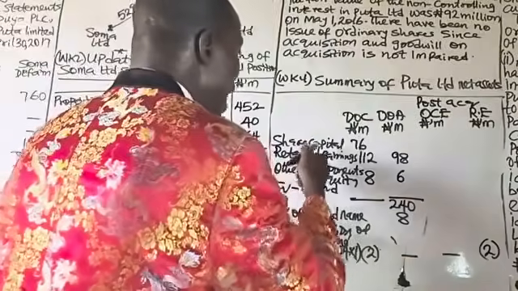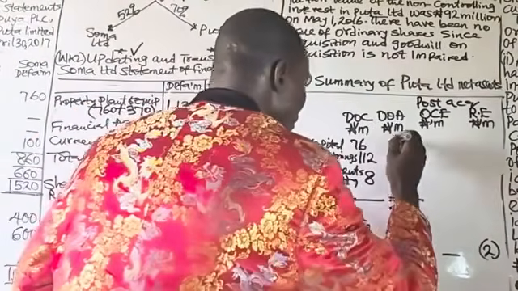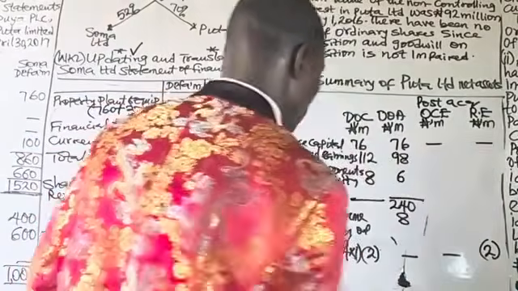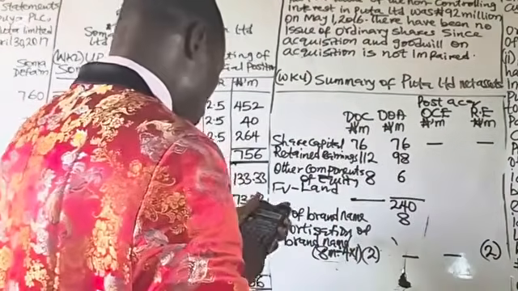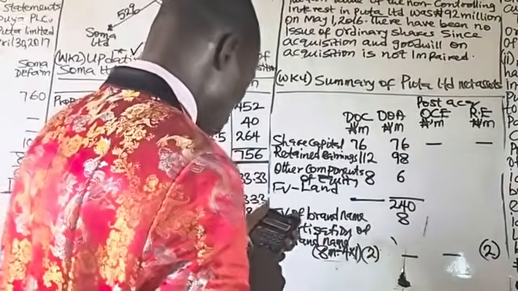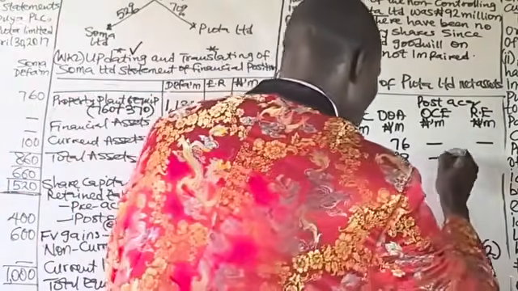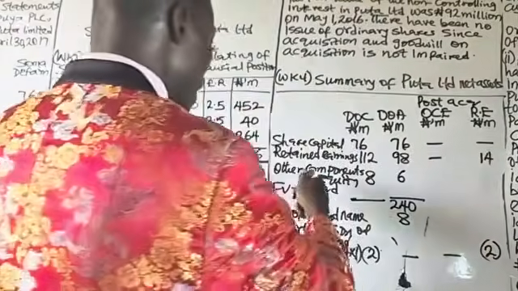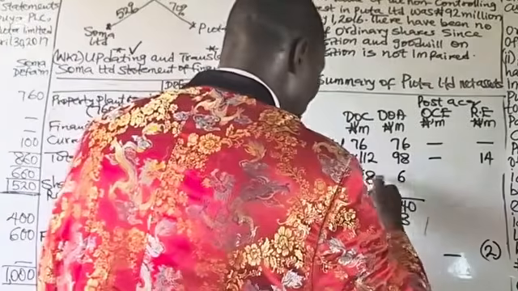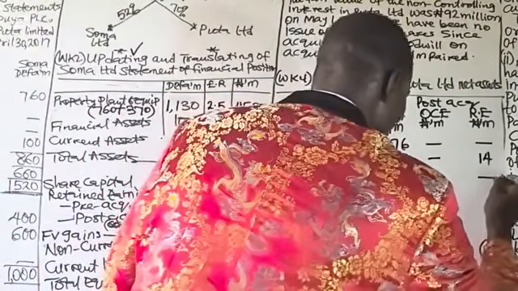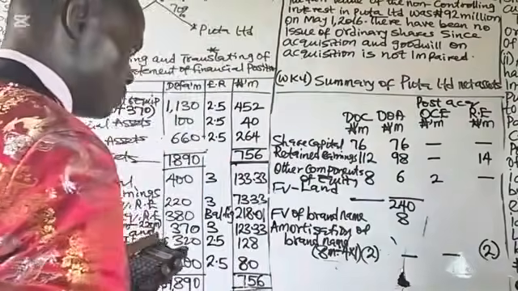The share capital at the DOA will be 76 million as well. Then retained earnings post-acquisition, 112 minus 98, so we have 14 million. So we put it under retained earnings, 14 million. The other components of equity post-acquisition, 8 minus 6, that will be 2 million.